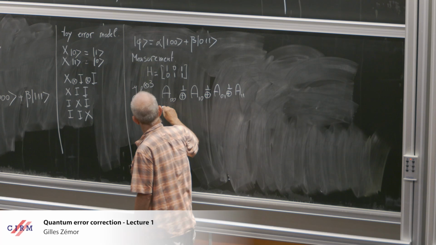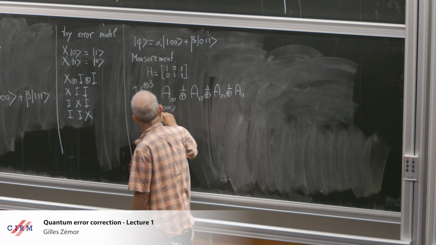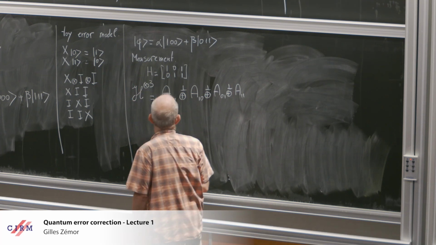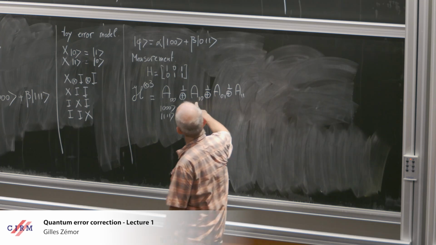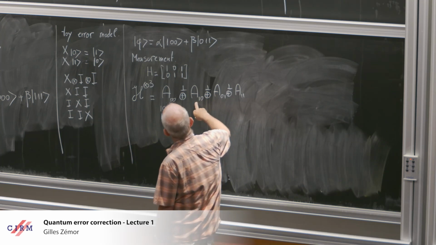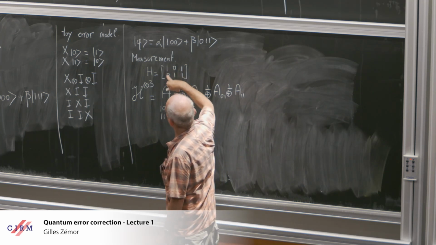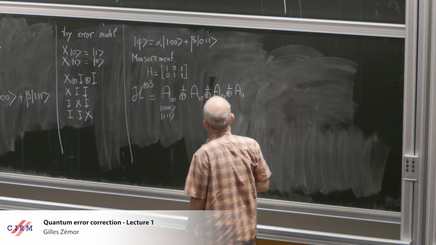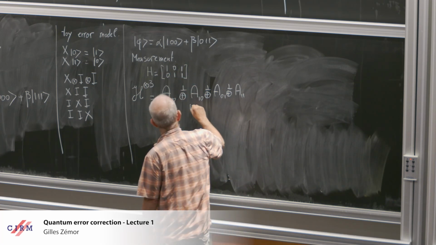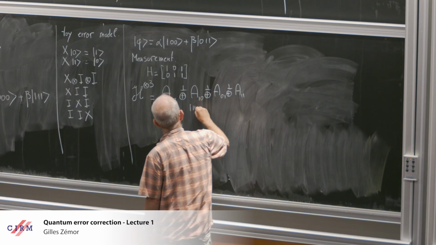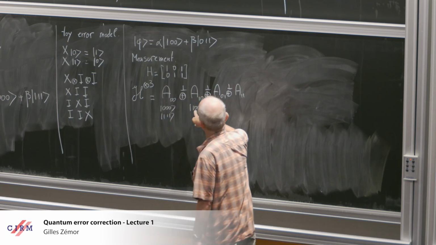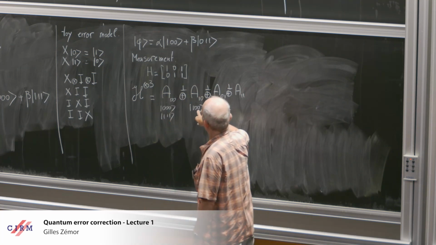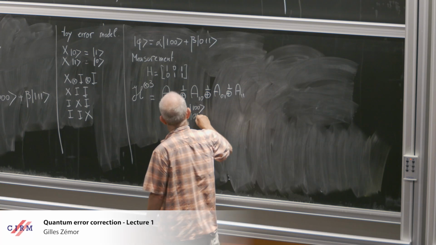So this is the space generated by |000> and |111>. And this is the space generated by the basis states of syndrome 1, 0. So this is going to be generated by the basis states |100> and |011>.